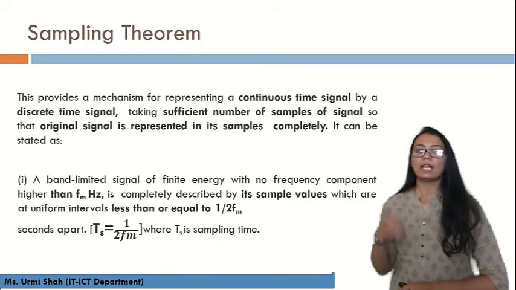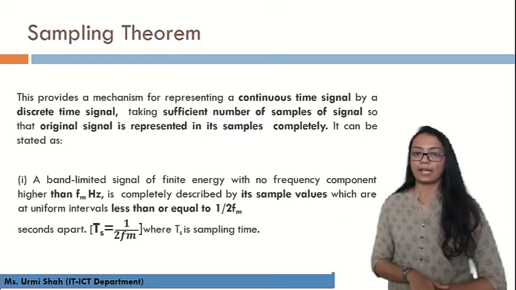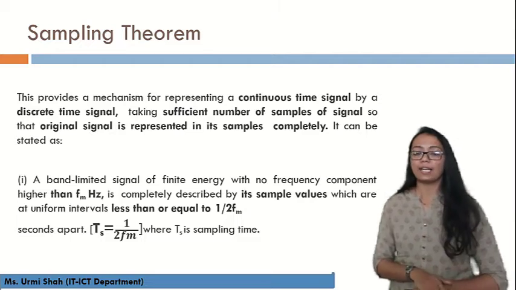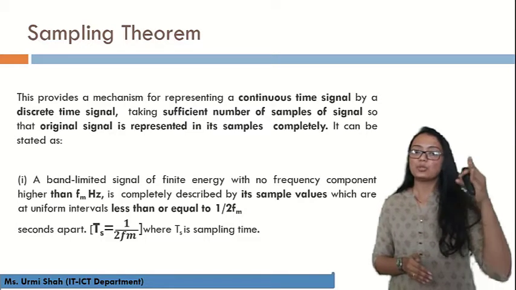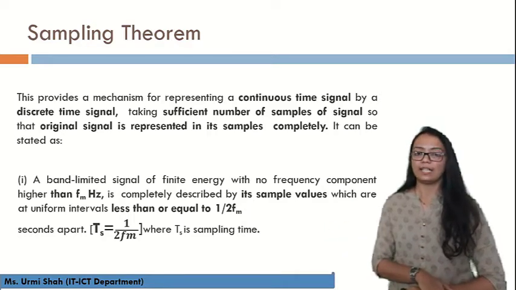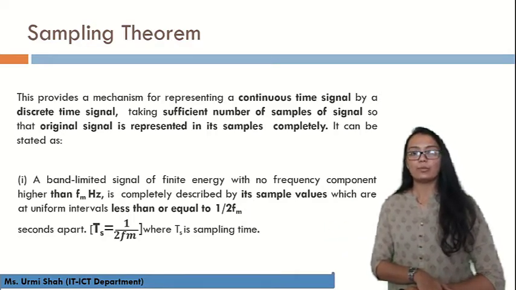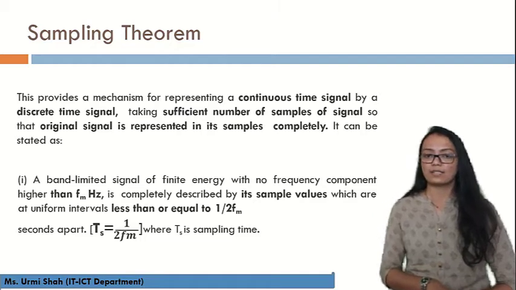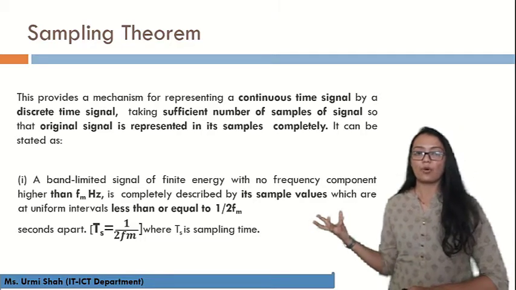Basically, the sampling theorem provides a mechanism for representing a continuous time signal by converting it into a discrete sampled or discrete time signal, and taking a sufficient number of samples of the signal so that the original signal is represented completely in its sampled form.